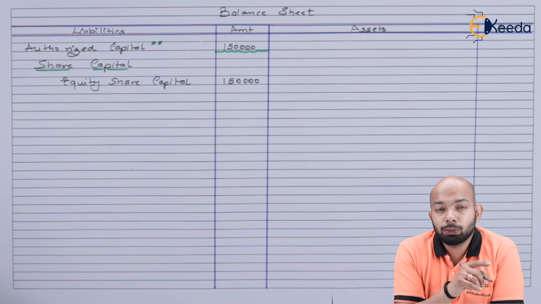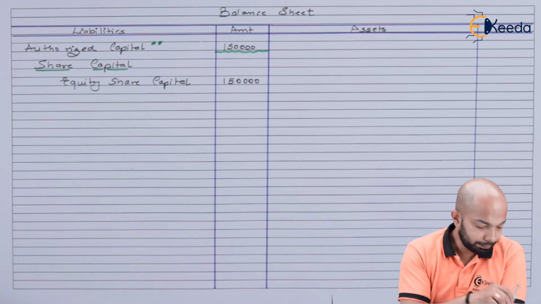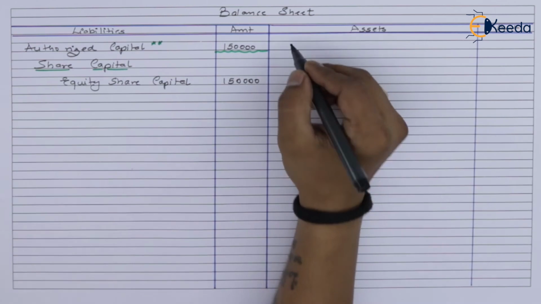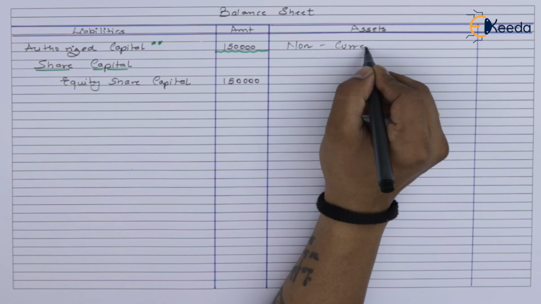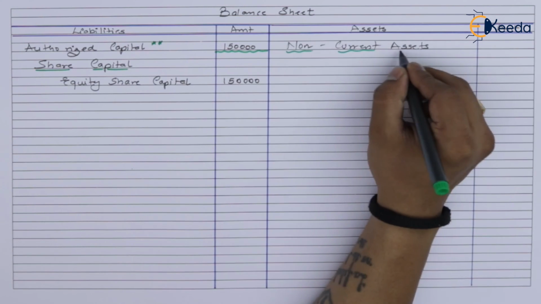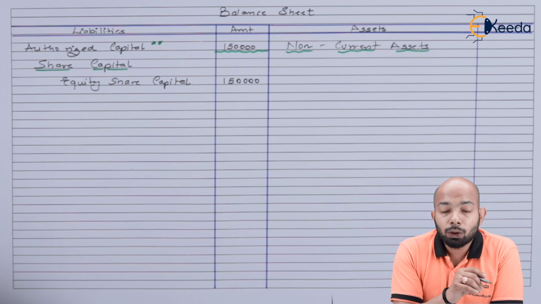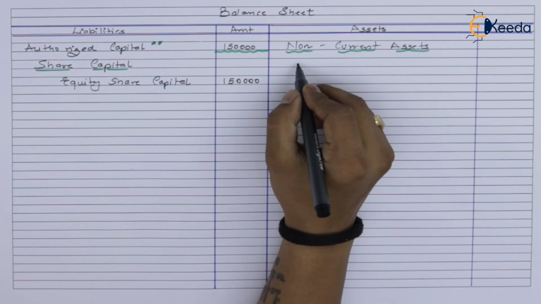The next item that we'll be mentioning is on the asset side, non-current assets and current assets. So in the non-current assets, the first thing that will be passed is the tangible asset entry, that is machinery.